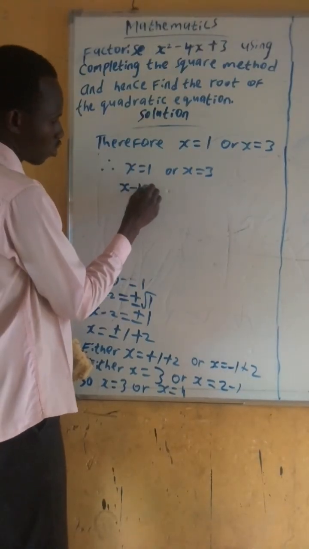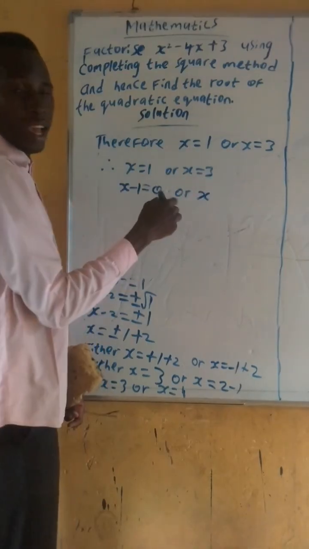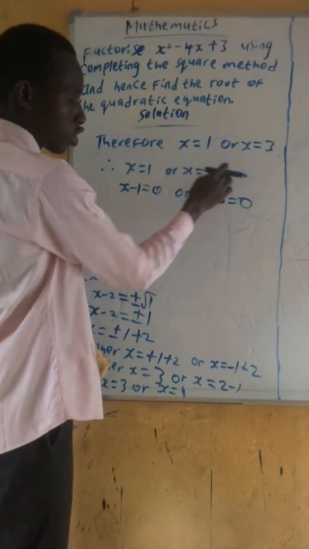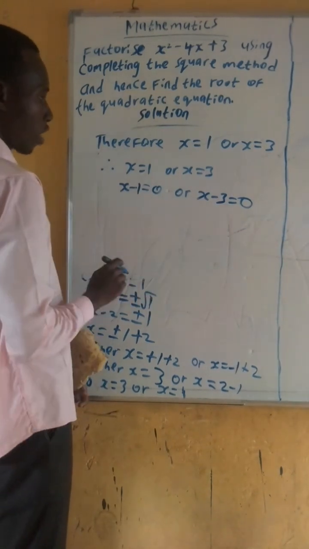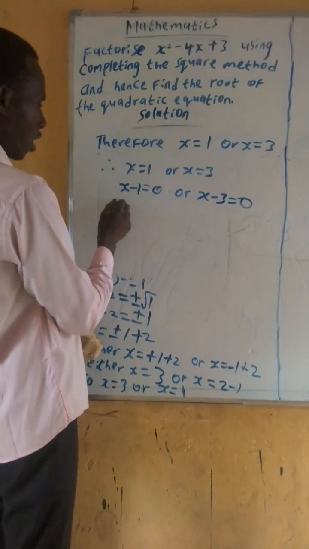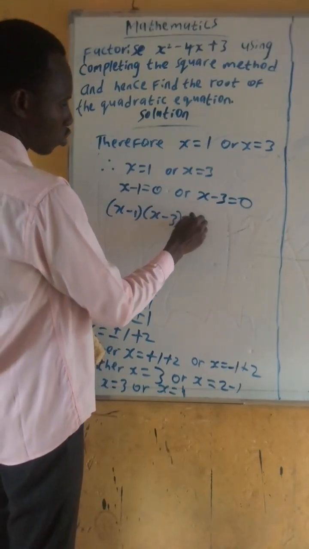We have x minus 1 equal to 0. Or x, 3 is going to cross the equal sign and become what? Minus 3. So we have x minus 3 equal to 0 because nothing is left here. So that means when we factorize it, we are going to have what? X minus 1, x minus 3 equal to 0.